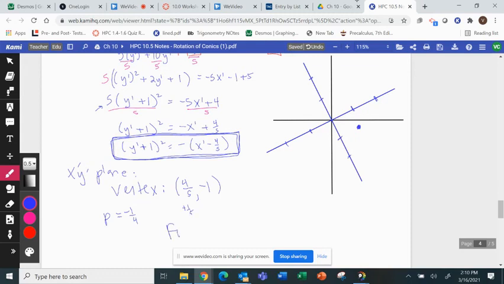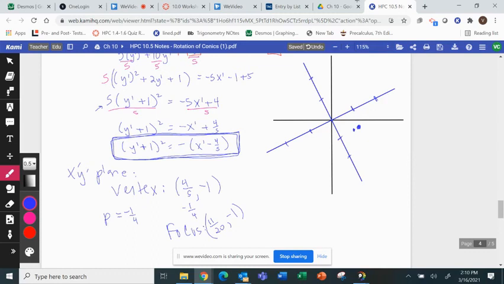Not the vertex, the focus. I just wrote the wrong number. Negative 1/4, right? It's like 11/20, so just over half.